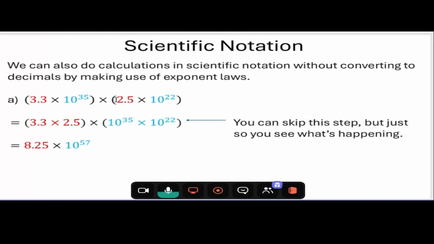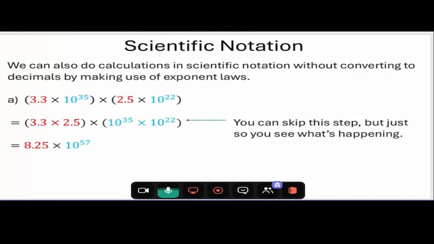I just took the two numbers and multiplied them, 3.3 times 2.5, and I took the two powers of 10 and added their exponents, 35 plus 22, and I get straight to my answer. So that is how you do calculations with numbers that are in scientific notation. You multiply or divide the numbers, and then add or subtract the exponents, depending if you're multiplying or dividing.